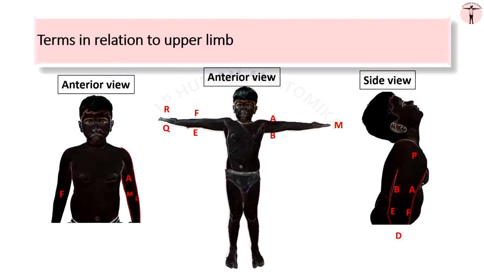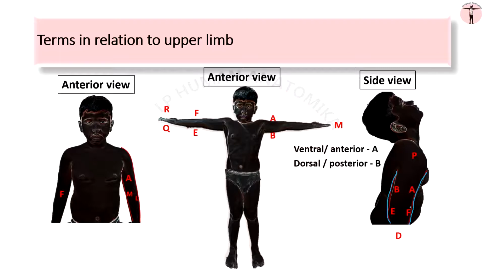Now in the side view in this picture, ventral or anterior is the front of the upper limb, and dorsal or posterior is the posterior part of the upper limb.